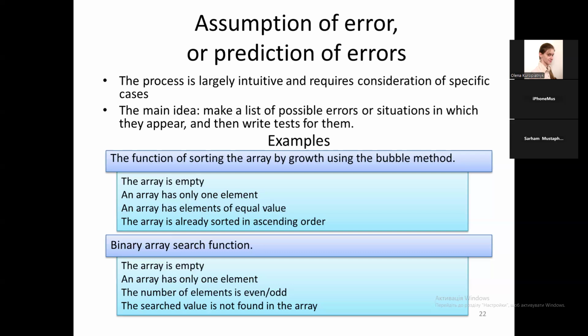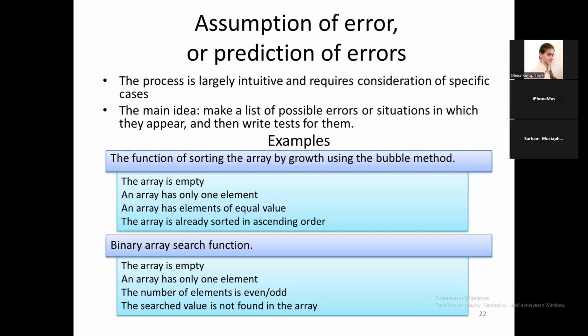I propose to consider two easy specifications. The first is this. I have a function of sorting an array by rows using the bubble method. And I think there are possible situations in which errors appear.